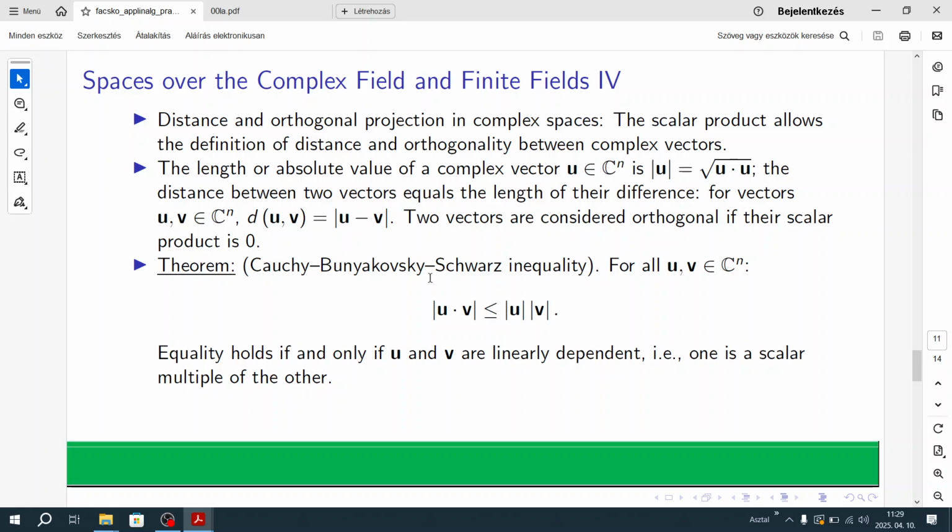The Cauchy-Bunyakovsky-Schwarz inequality. What does it mean? Wait, I think there is a mistake here.